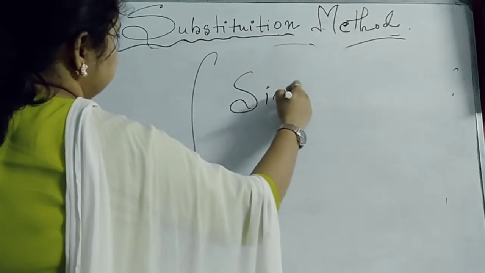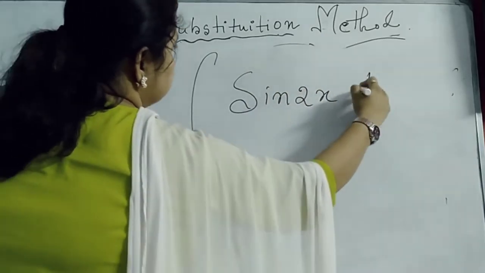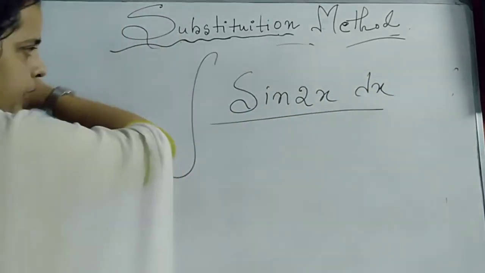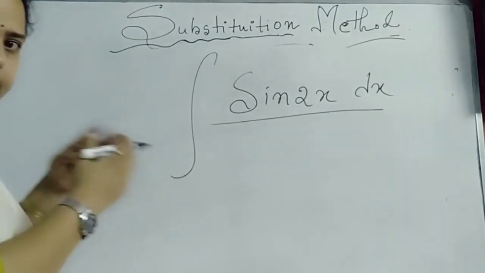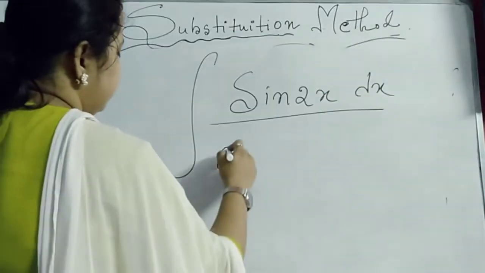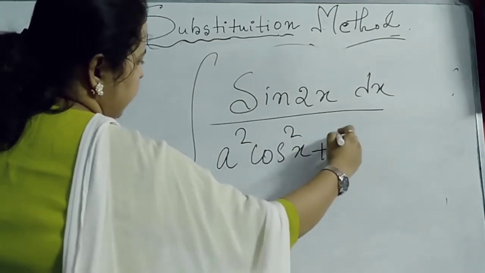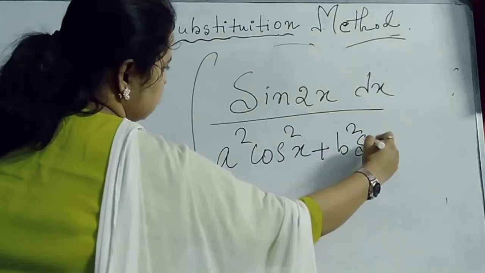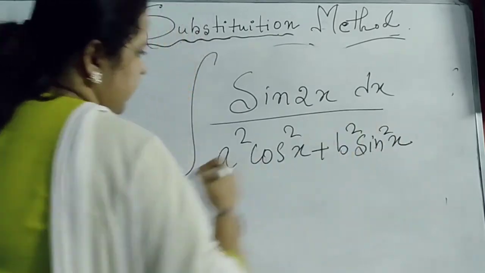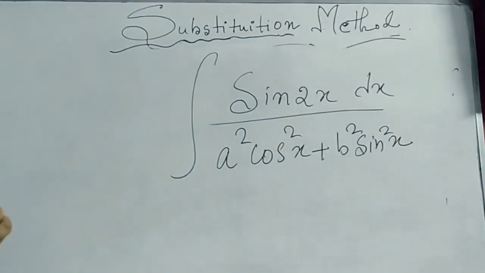Say you have sin 2x dx in the numerator, and in the denominator I am going to give you a factor like this. Please look at the problem very carefully.